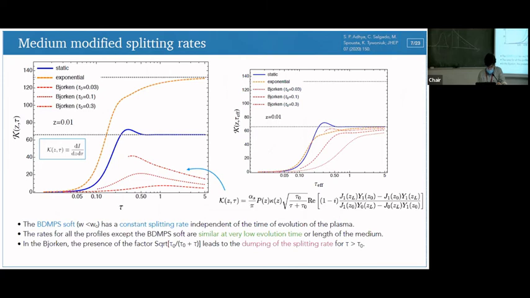When you wait long enough, the rate becomes constant, because you already had time to form whatever gluon you are going to emit. The rate is lower at the beginning because for some gluons you still haven't gone through the whole formation time. But when you have the evolving medium, you have 2 competing effects. You are waiting for the formation time, but at the same time the medium is getting diluted, and that's why you never reach the asymptotic rate.